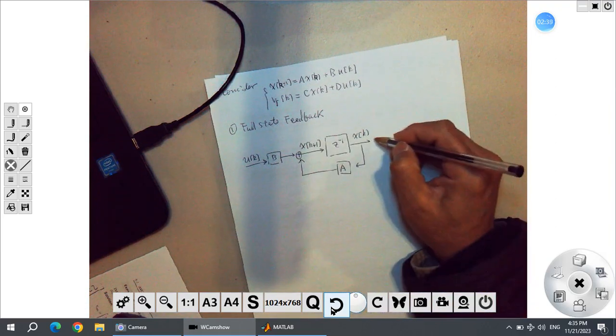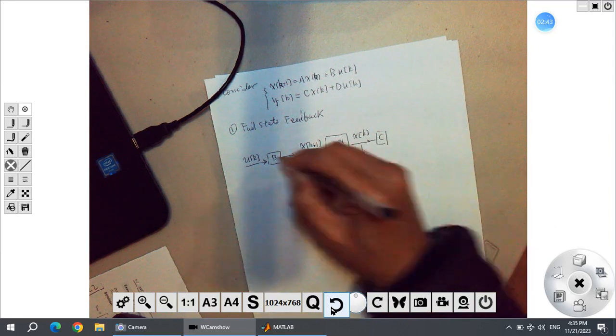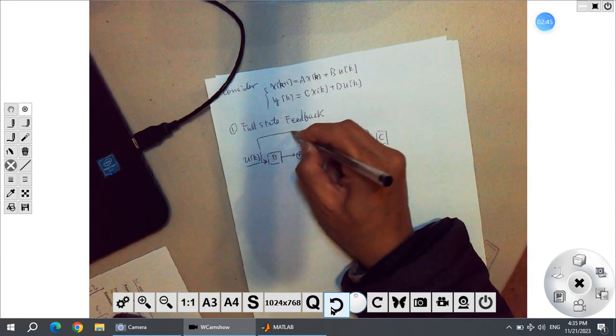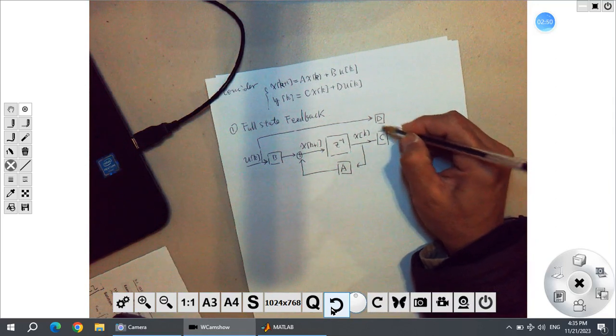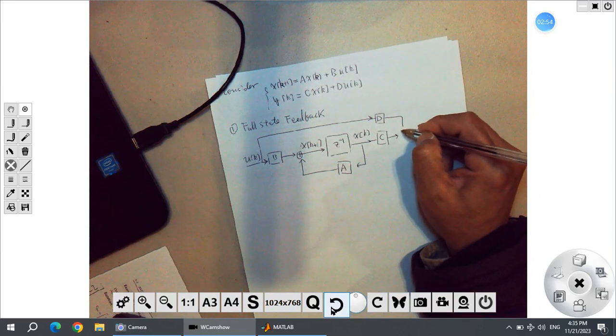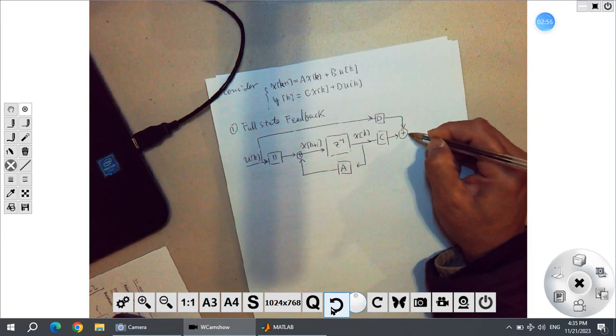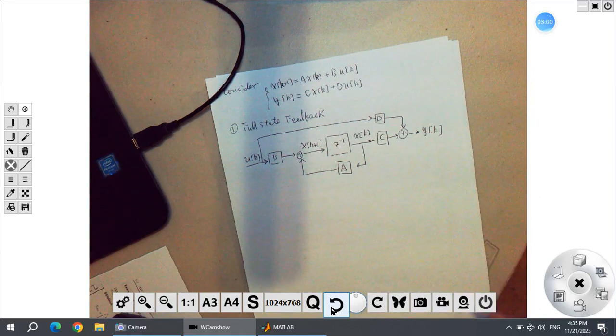And also x of k times C and u times D. I have C and D. Put them together, then we have y of k. The system looks like this.